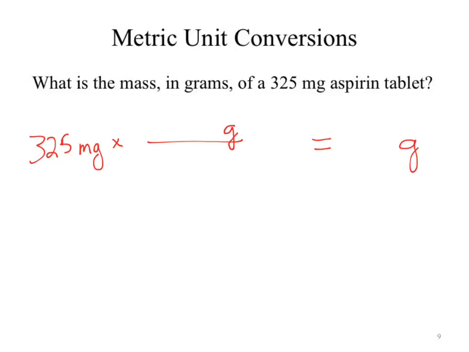What unit needs to disappear? Milligrams. To get that milligram unit to disappear, what needs to show up in the denominator? Milligrams. So I can put it down there. Now I'll ask myself, do I know a relationship between grams and milligrams? And this is where I think back to myself. Yeah, I do, because I was told to memorize that, and I did. So what is that relationship?